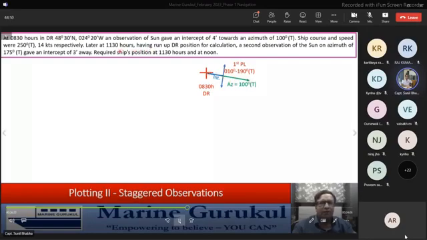It says the second observation, that is the 11:30 observation, which is also an intercept observation, has been solved by using a DR, the 11:30 DR, which was obtained by running up the earlier DR, that means the 8:30 DR. So in this case, if I run up the ITP, yes, I can transfer the first PL, but then unless I have the 11:30 DR, I'll not be able to plot the second PL.